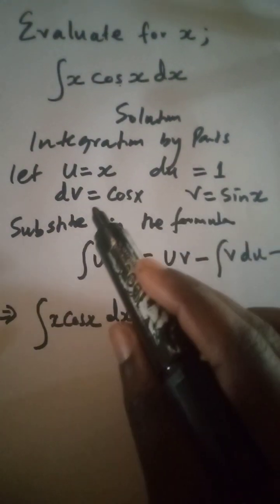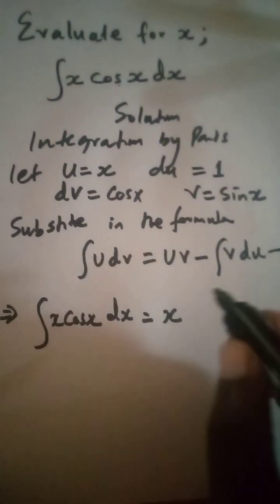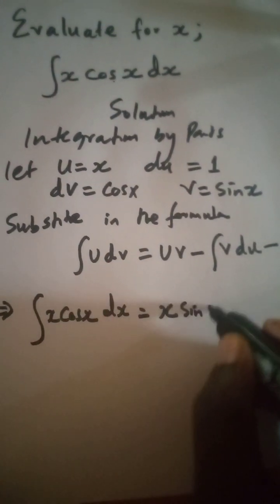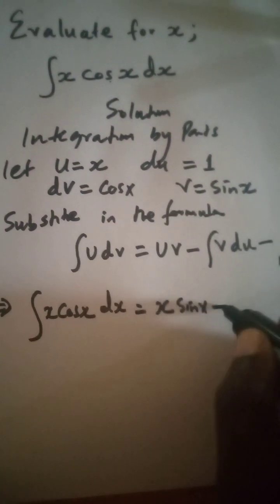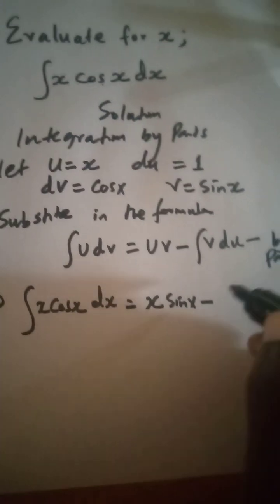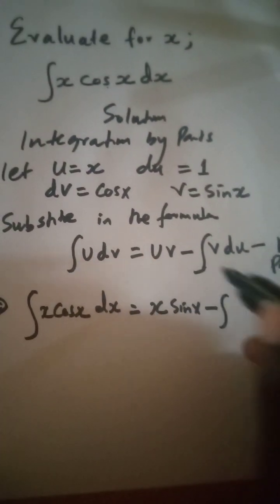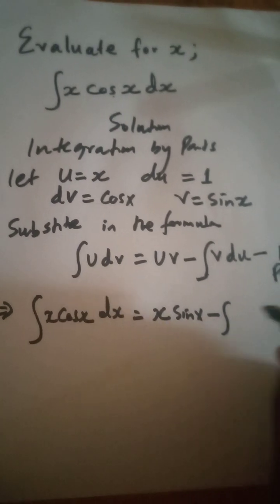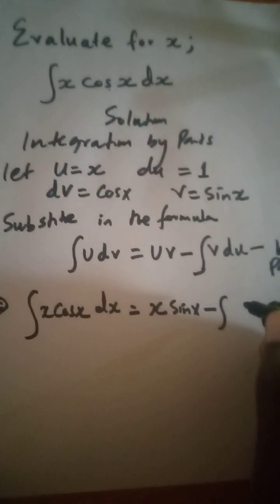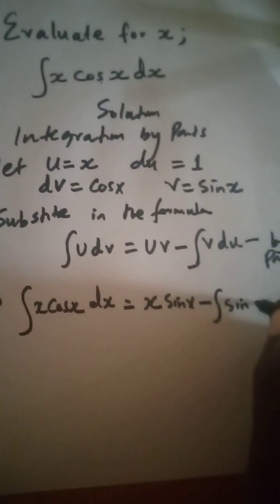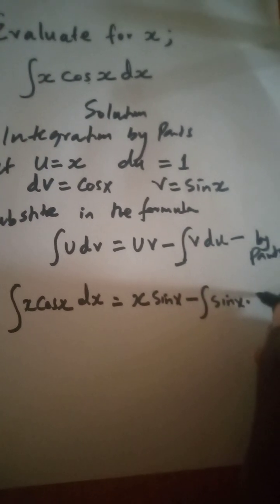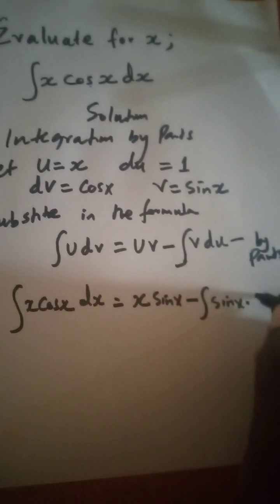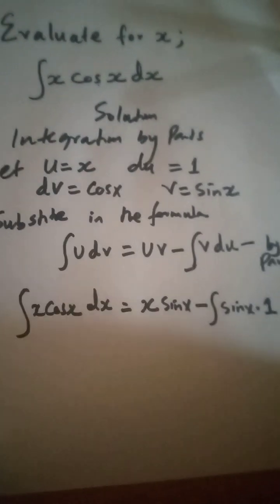V was the integral of cos x, you get v as sin x, minus the integral of v, so my v is sin x, multiplied by du. My du is 1.